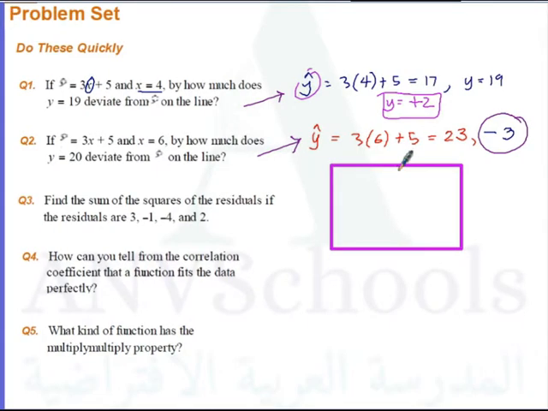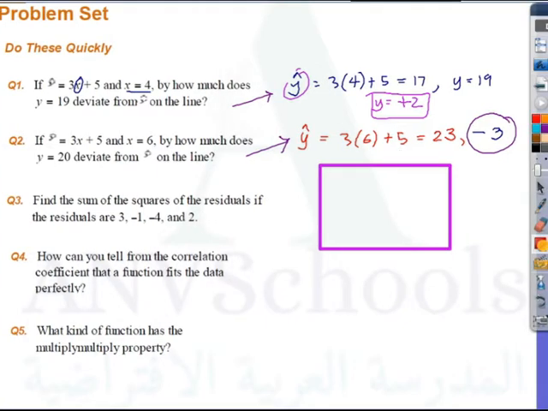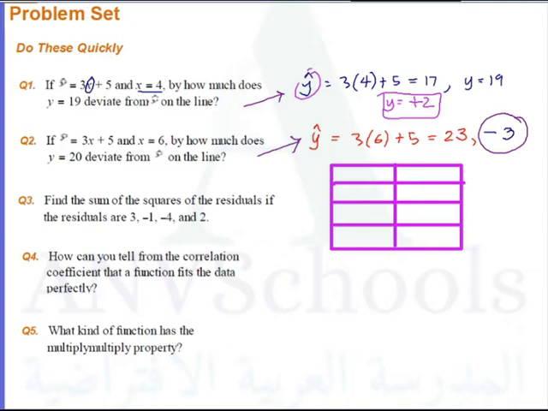If this is my box, I will have to write 4 horizontal lines, 1, 2, 3, 4. And my values are 3, negative 1, negative 4, and 2.